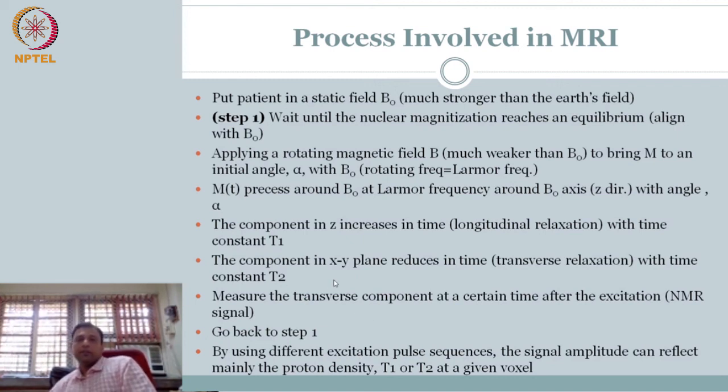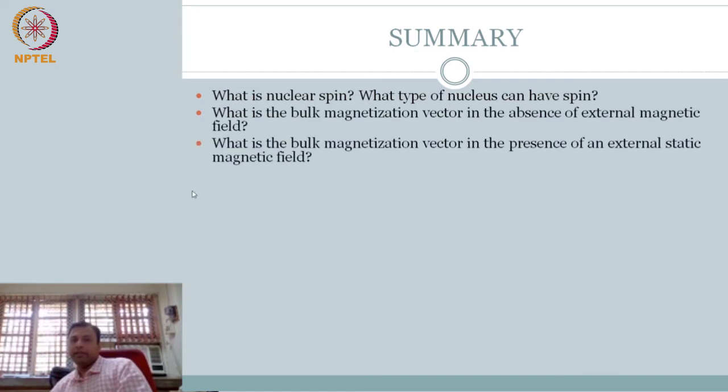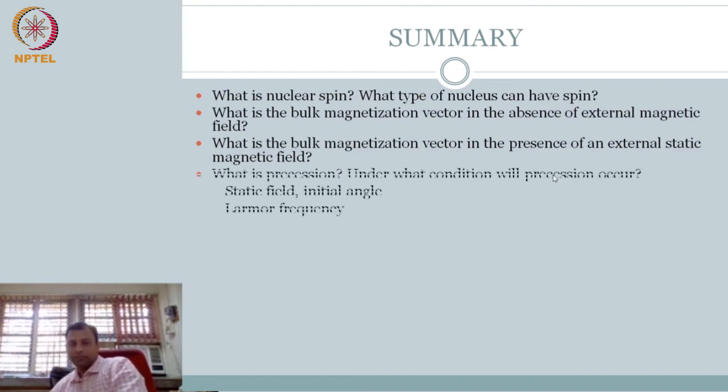Finally, to summarize concept-wise, we talked about nuclear spin. From nuclear spin, we went on to bulk, when you put many of them in a static field. So what is bulk magnetization in the absence of an external field, and in the presence of an external field? We talked about the concept of precession and Larmor frequency.